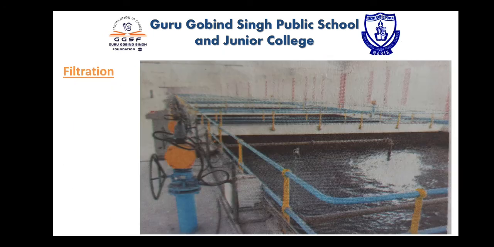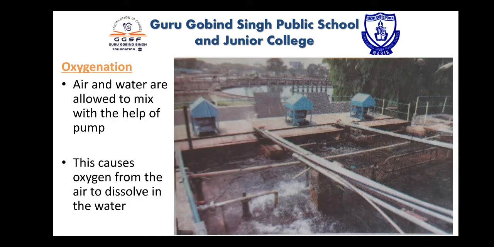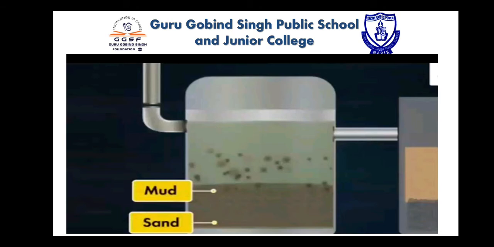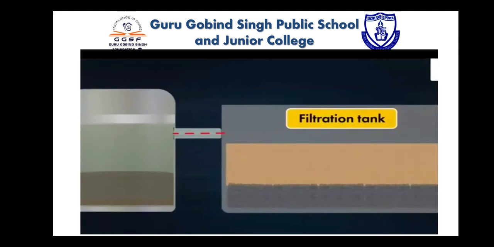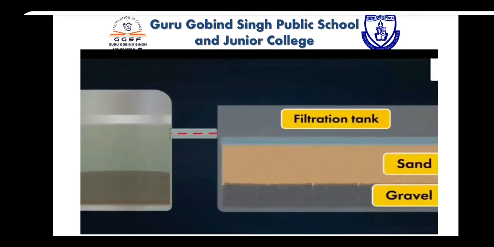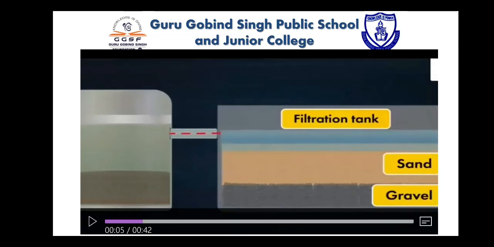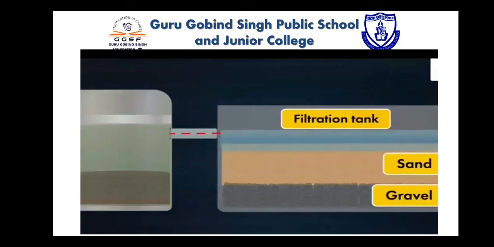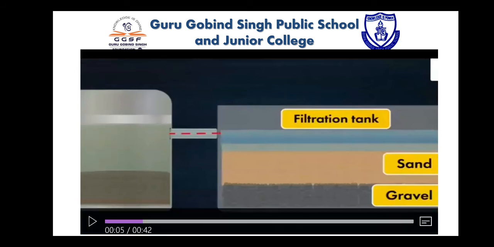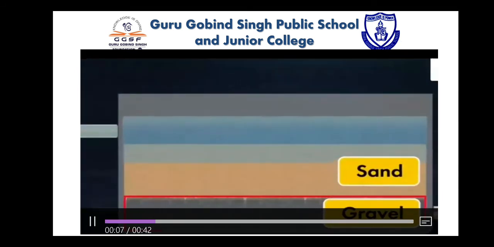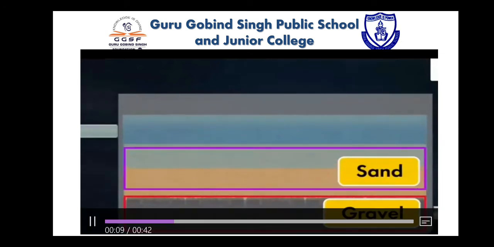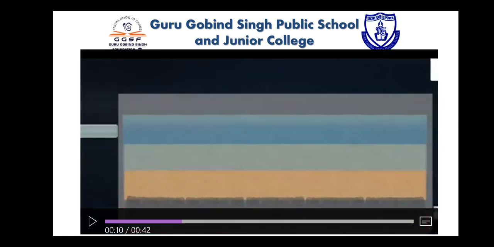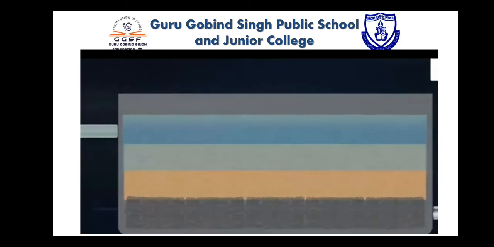After the sedimentation tank, this water is sent to filtration tanks. In filtration tanks, sand and gravel are there. At the bottom, gravel is there, and at the top, sand is there. These two layers are packed like that.